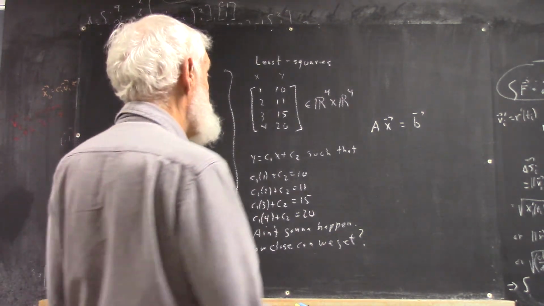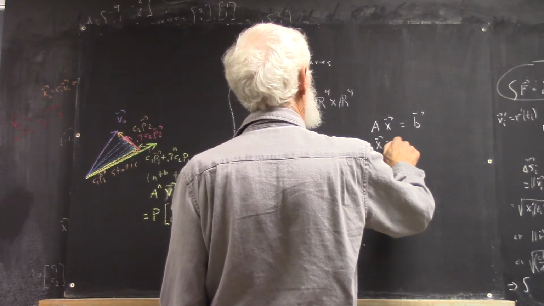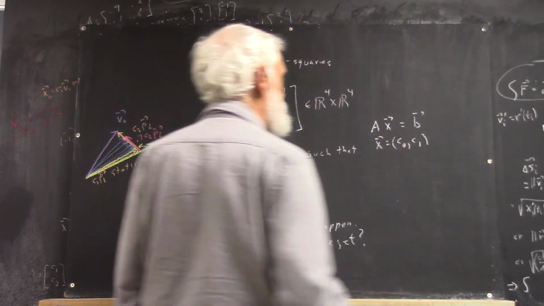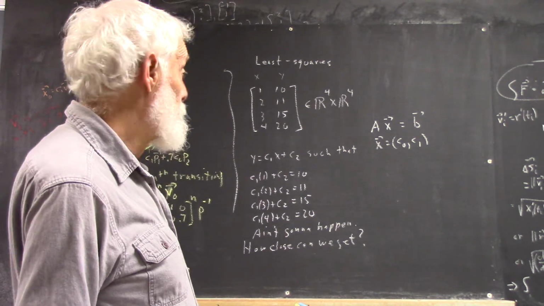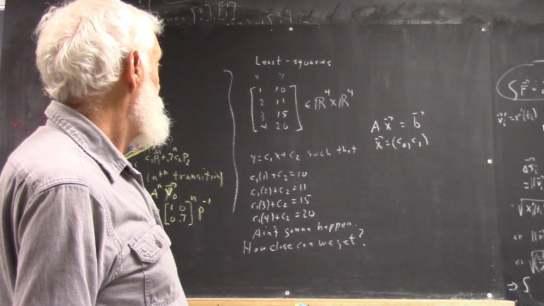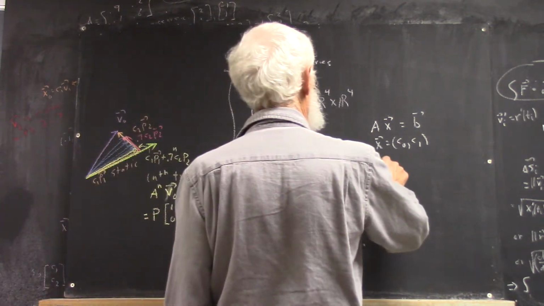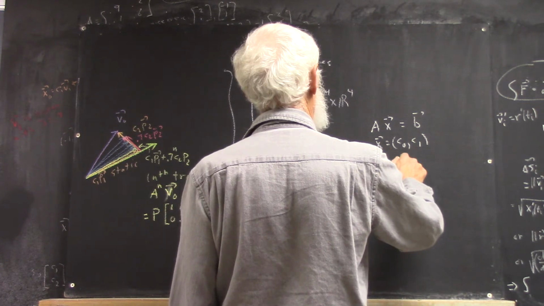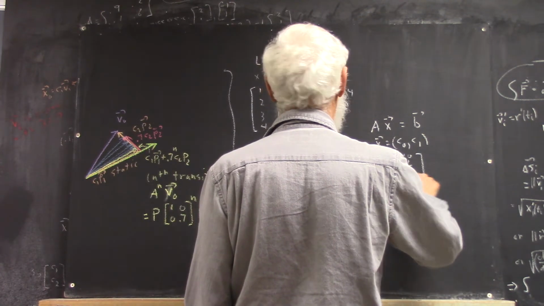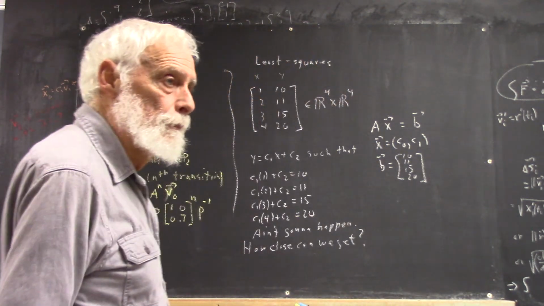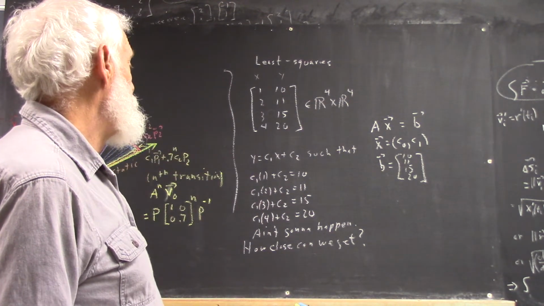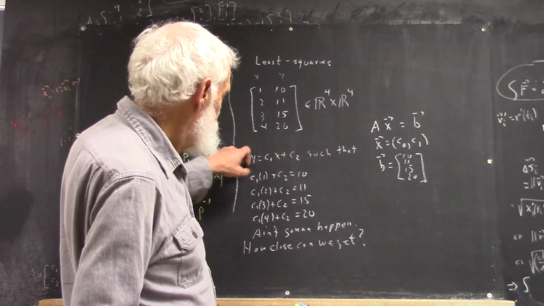where X is C0, C1, and B equals this. Okay? So that's really just this, isn't it?